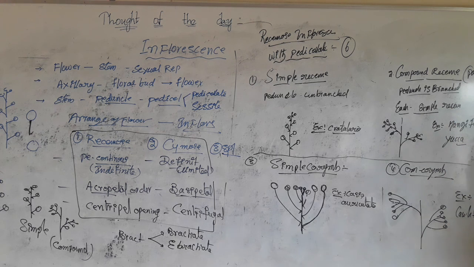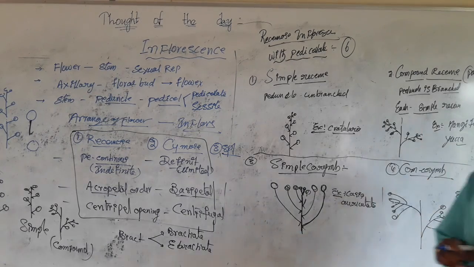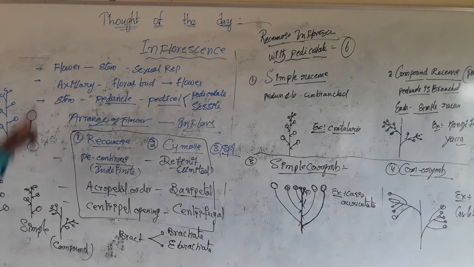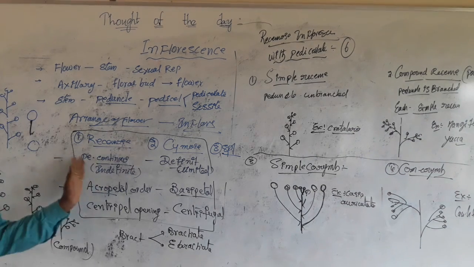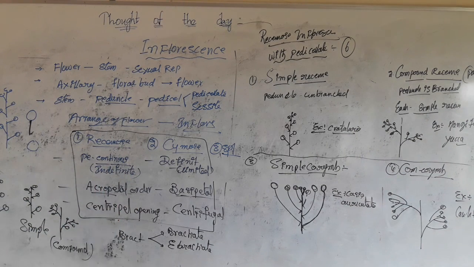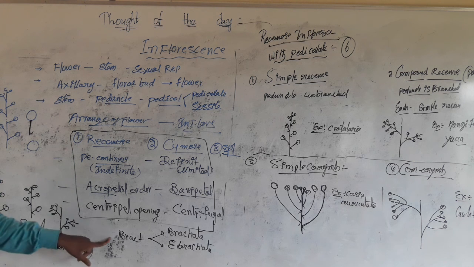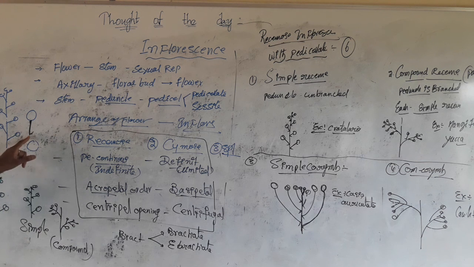Cauliflower is one of the examples. We will discuss the remaining later. The points to remember are the flower definitions: flower, pedicel, inflorescence, and the differences between racemose and cymose inflorescences. What is a pedicel? Flower with pedicel, flower without pedicel. What is a bract? A small hair-like structure present at the base of the pedicel.